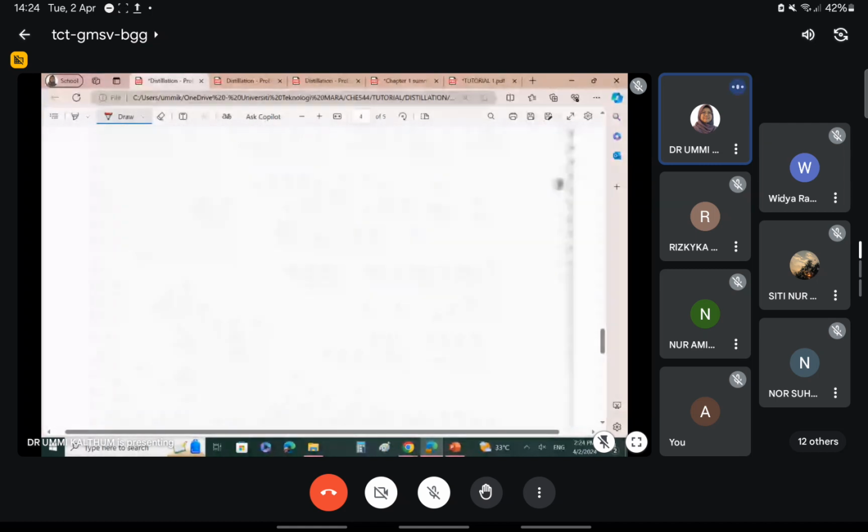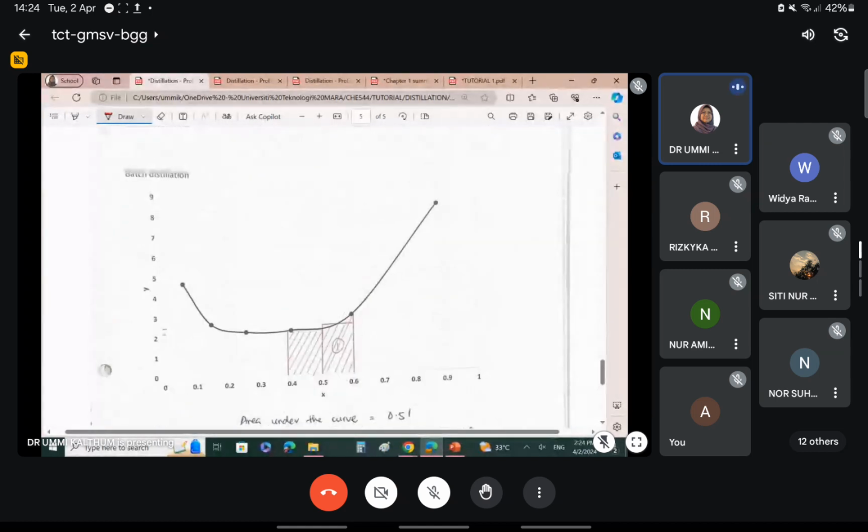So we plot Y versus X, and you will get a graph like this, this kind of diagram.